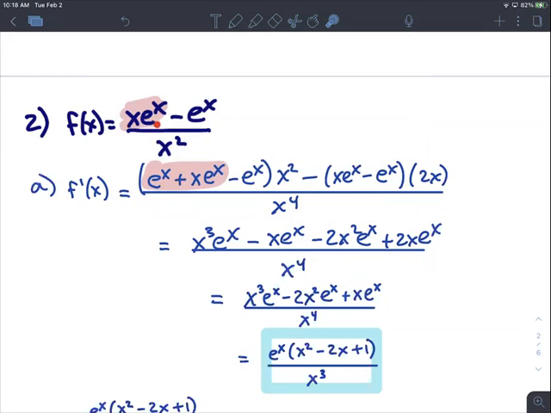Well, the derivative of e to the x is itself. So that's how I got x e to the x. And then we have to subtract the derivative of e to the x, which is itself, e to the x. So that just stays the same. So the hard part in the parentheses is using the product rule on the part that I've got highlighted there. Before I go any further at all, questions about just that part?